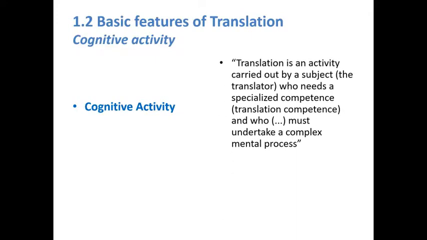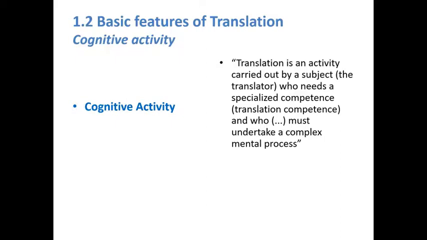And finally, obviously, we are knowing more and more about this third feature of translation with the use of neuroimaging and the advances made not only in technology but also in neuroscience. Translation is a complex cognitive activity. Just to quote Amparo Hurtado again, translation is an activity carried out by a subject, the translator, who needs a specialized competence.